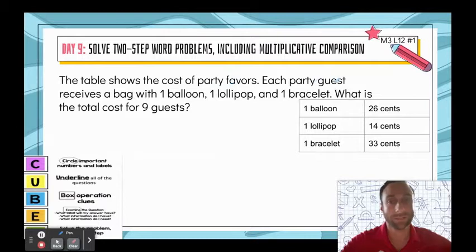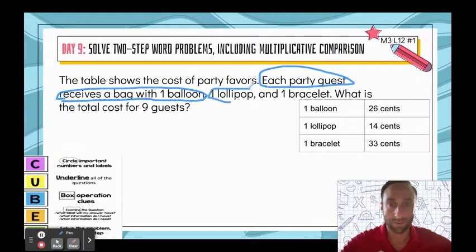Each party guest receives a bag with 1 balloon, 1 lollipop, and 1 bracelet. What is the total cost for 9 guests?